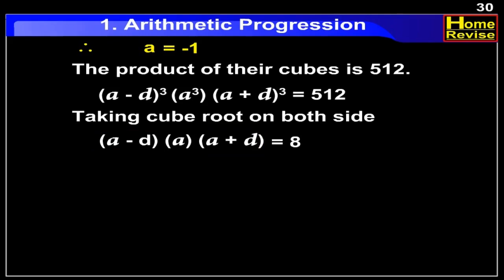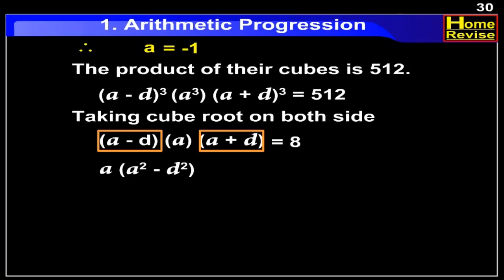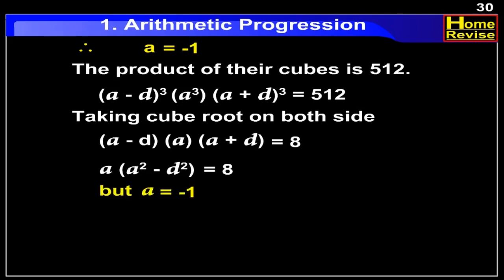We have a into (a square minus d square) is equal to 8. But here we know that a is equal to minus 1. Therefore, putting this value, we have minus 1 in bracket, minus 1 square minus d square, is equal to 8.